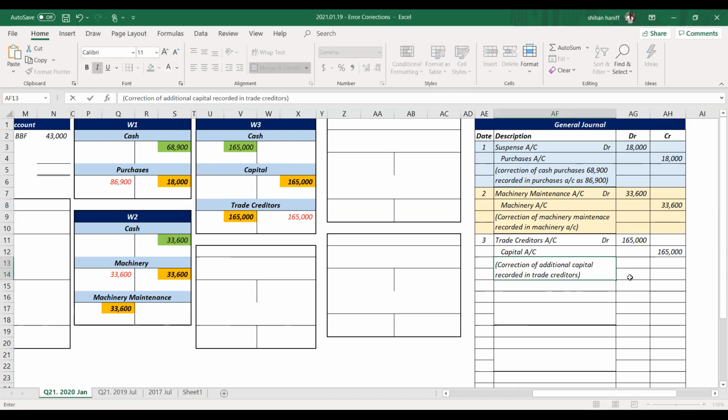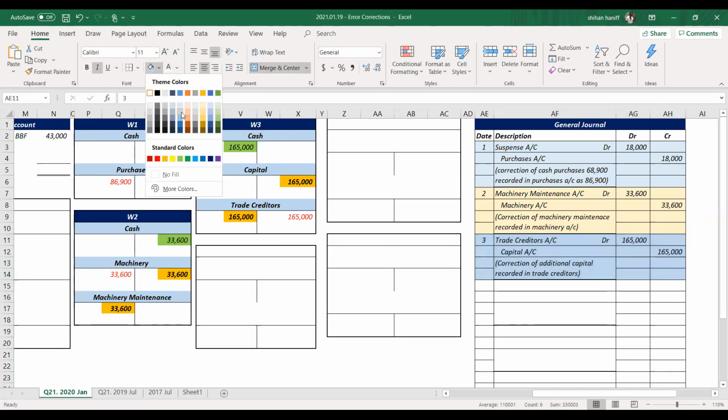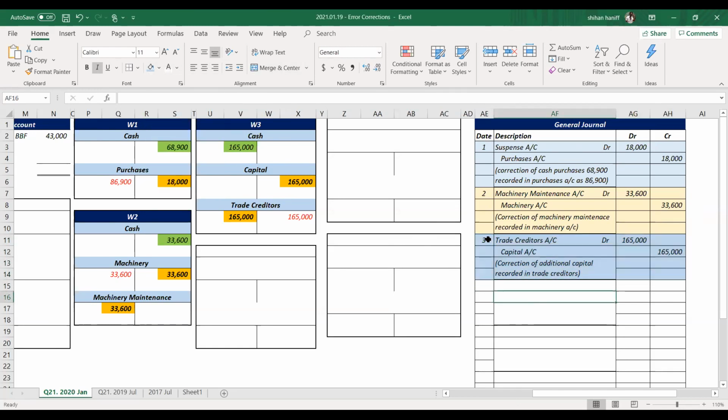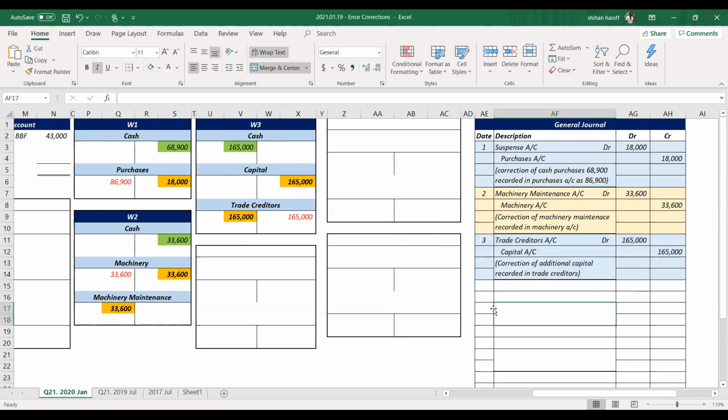Correction of additional capital recorded in trade creditors account. Correction of additional capital, 165,000 recorded in trade creditors account. That's number 3.